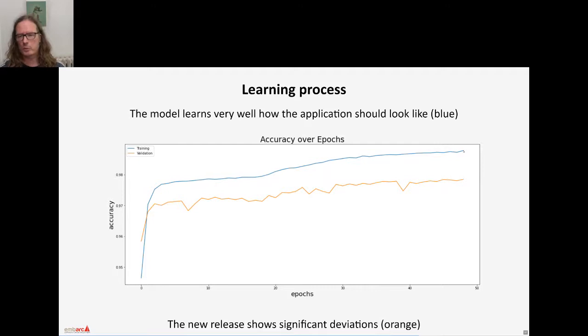But now the orange one is the error for unknown data, which is significantly lower, which is also good, because that means for broken things, it will give us different scores than for things that are not broken. So this gap here is actually very important for us. If there weren't a gap like this, then it wouldn't work. And also, if this didn't go up to 99%, or at least to a very, very high level, you also would see it doesn't work, but it does work. So it should be quite nice.